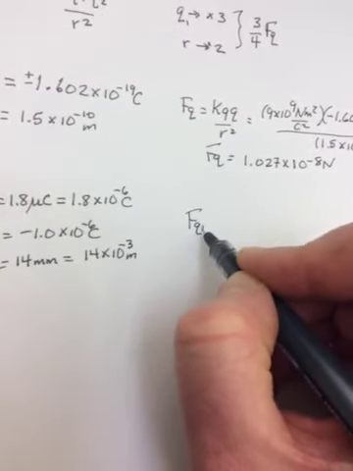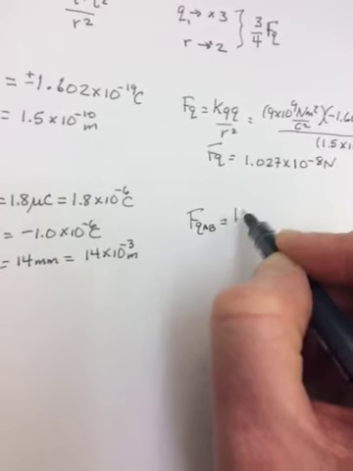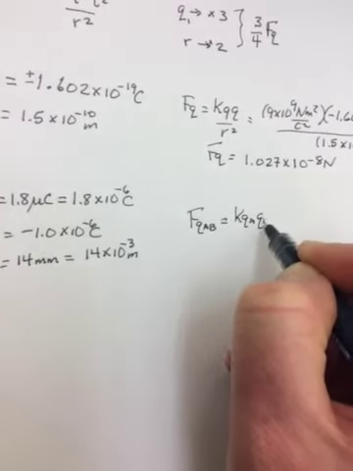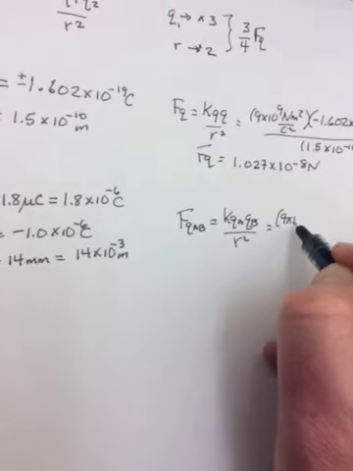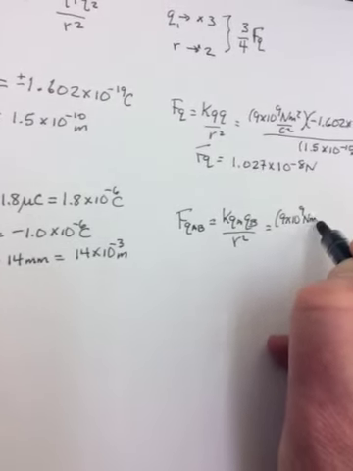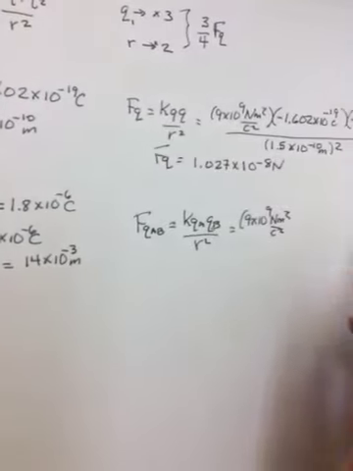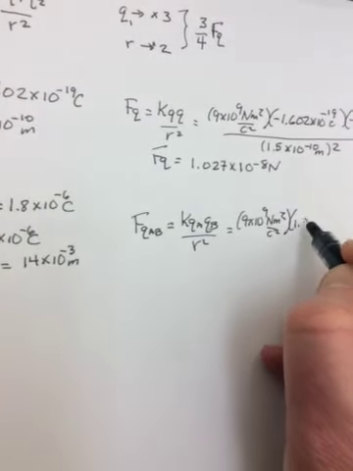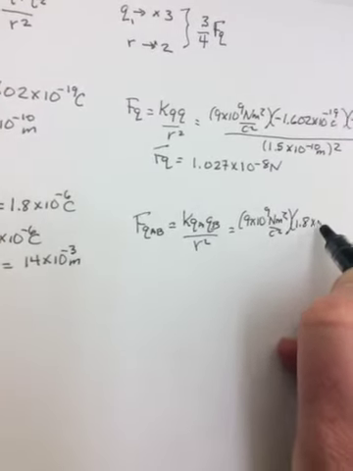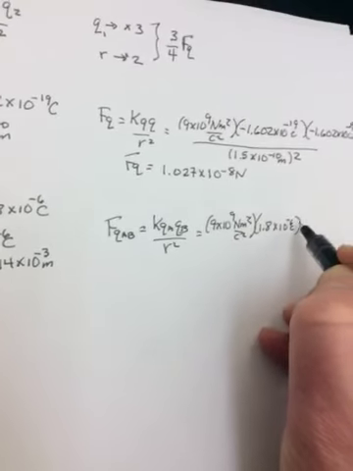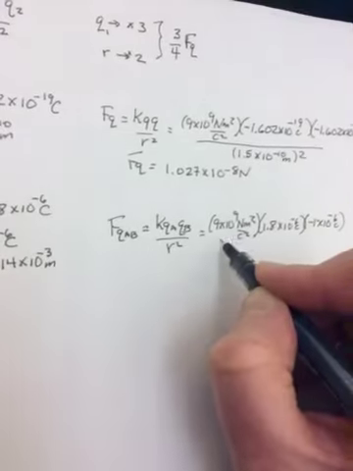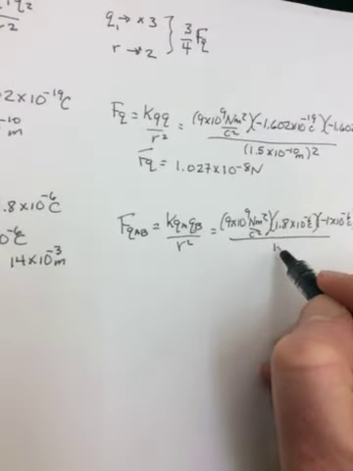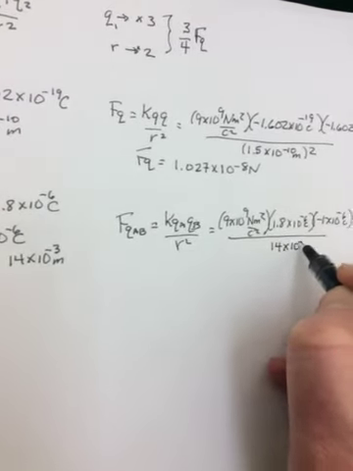So the force between A and B will be k QA QB over R squared. So 9 times 10 to the ninth newton meters squared per coulomb squared, times 1.8 to the negative 6, and then negative 1 to the negative 6, divided by 14 times 10 to the negative 3.